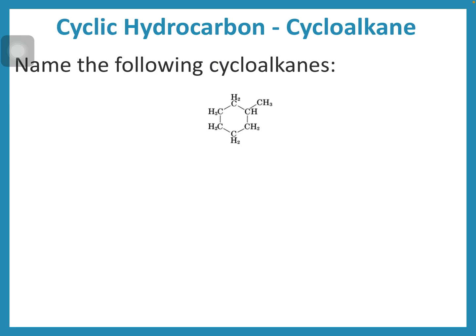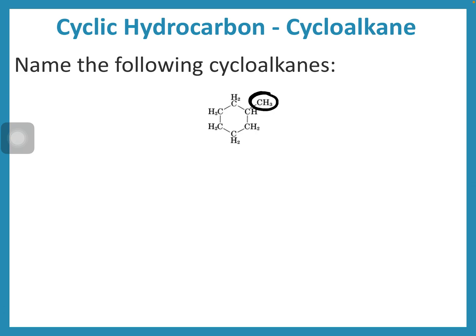So here we have, if I start from here where there's an attachment, 1, 2, 3, 4, 5, 6 total carbons. And off one of them, there is a methyl group that is attached over here. So when we do our numbering for attachments, because there isn't a clear beginning and an end, we are always going to start with the carbon that would give us the lowest numbering.